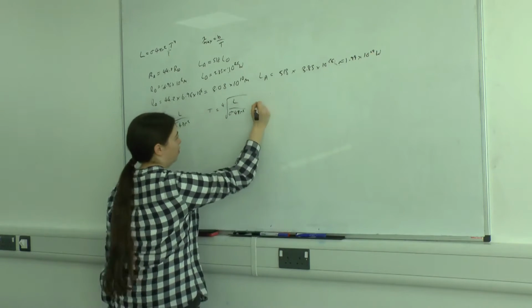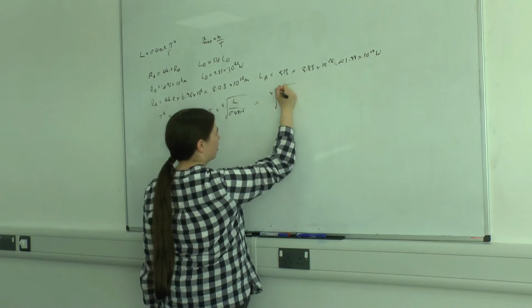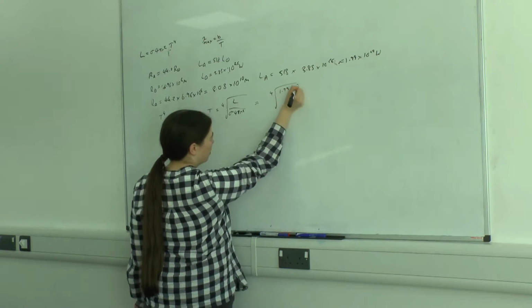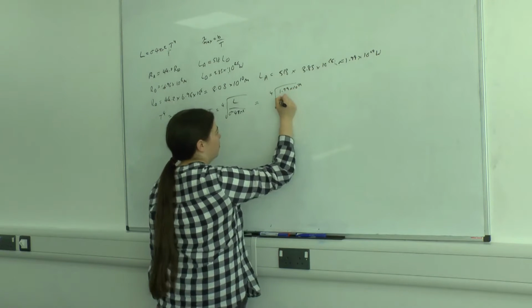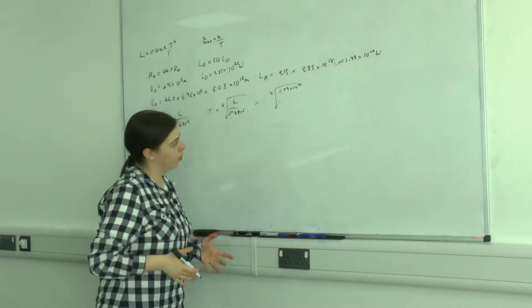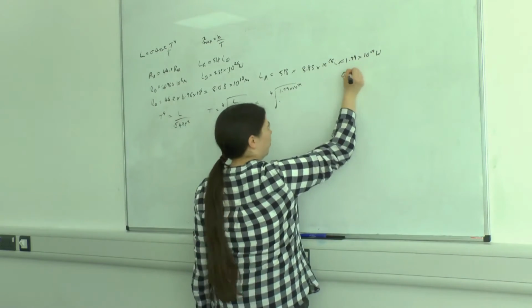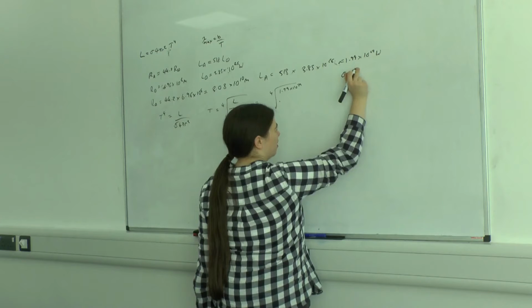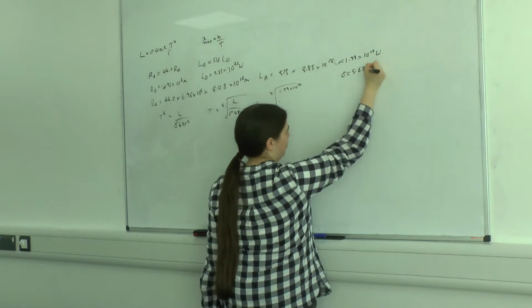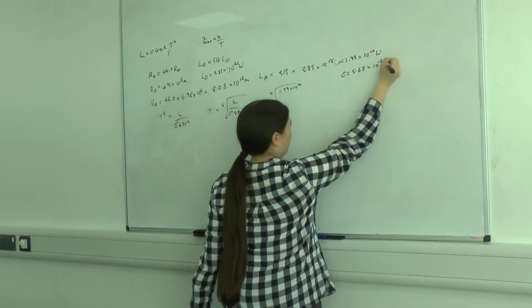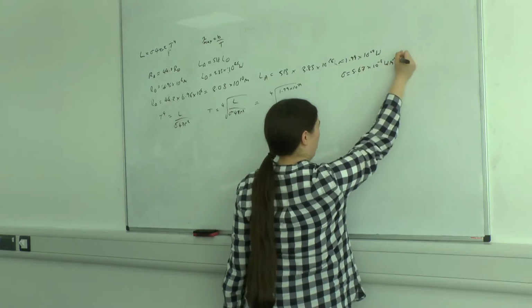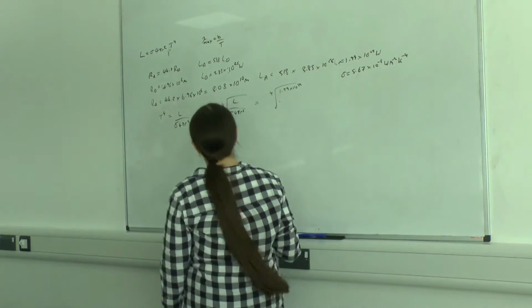Right, so you plug these in. And also the Stefan-Boltzmann constant is this, the value of 5.67 times 10 to the minus 8 watts per meter squared per Kelvin to the 4.